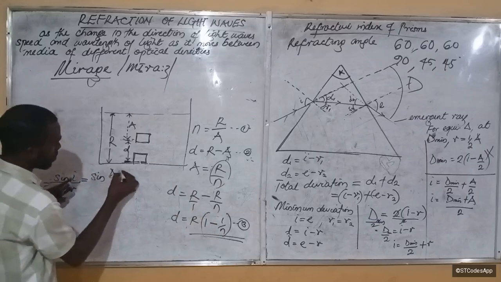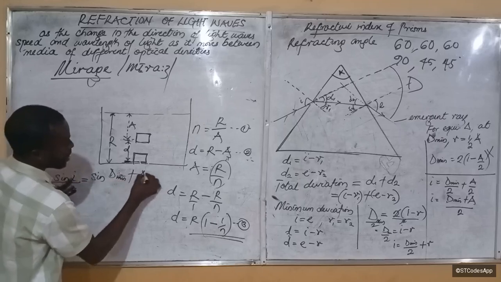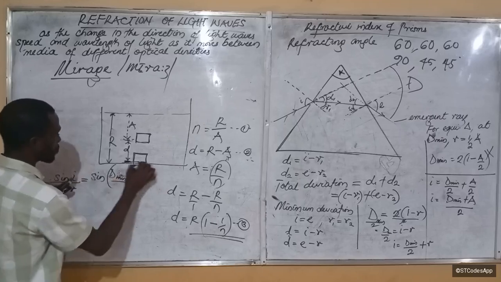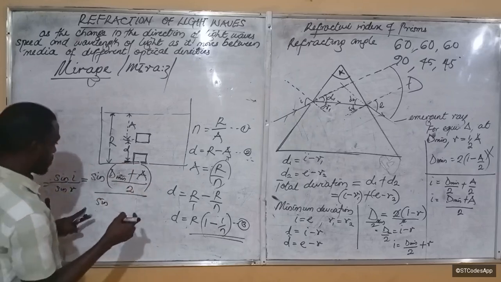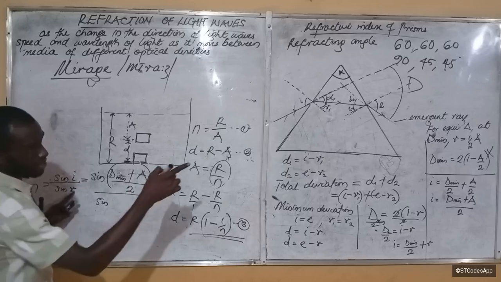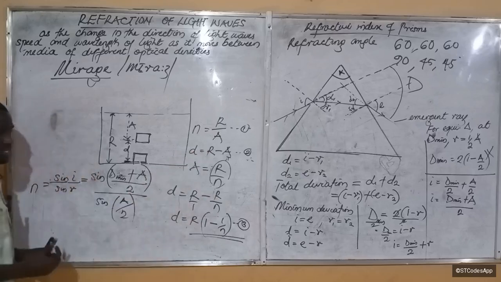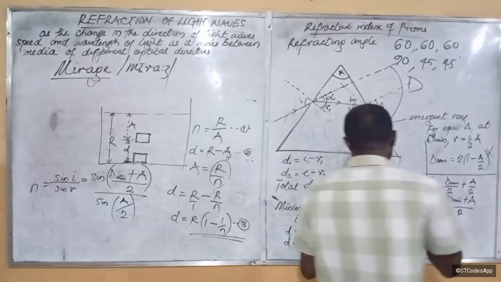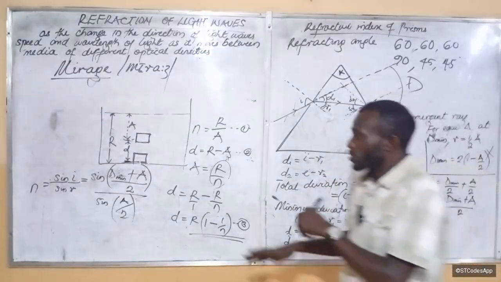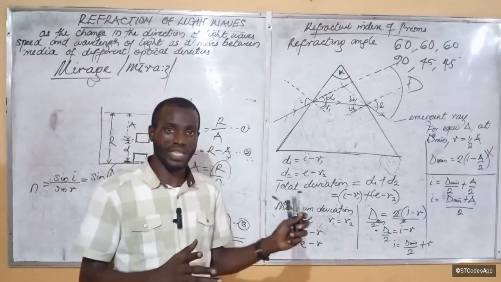D minimum plus A over 2 all over the sine of R. Sine R, what is R? A over 2. I hope this makes sense to you. Now we've gotten here. So you can use all these formulas, okay? I want you to know how these formulas are generated. They are not hard at all, okay?